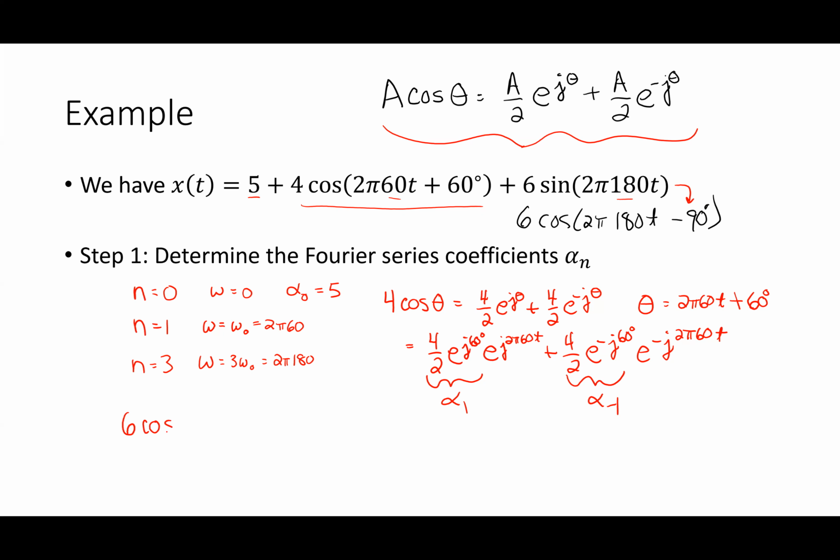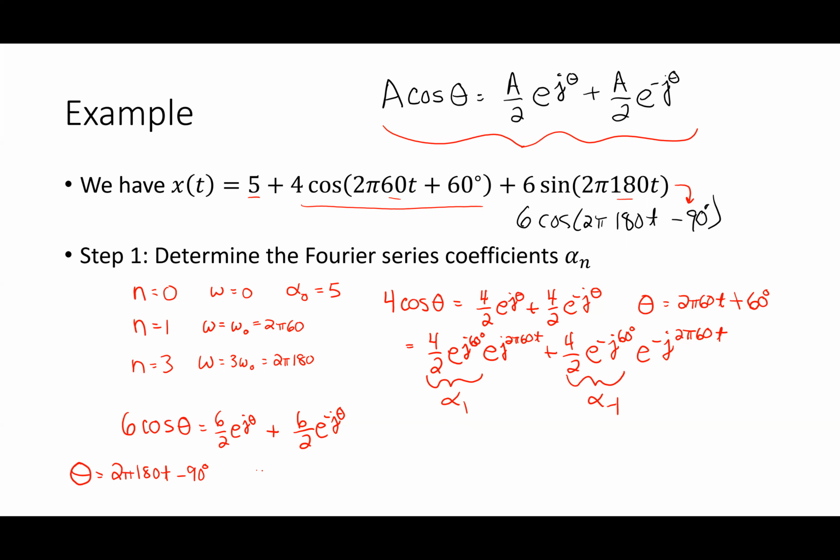6 cosine of theta equals 6 over 2 e to the j theta plus 6 over 2 e to the minus j theta. I like doing it that way rather than trying to remember what the sine version of Euler's identity is. And in this case, I'll say my theta equals 2 pi 180 t minus 90 degrees.